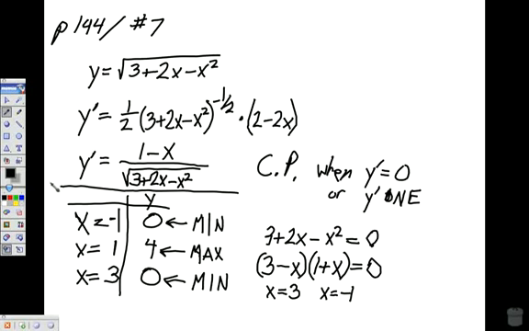Okay, so we're going to take a look at that because it's a good review of some stuff we already know. I'm going to rewrite the equation here. Y equals the square root of 3 plus 2x minus x squared.